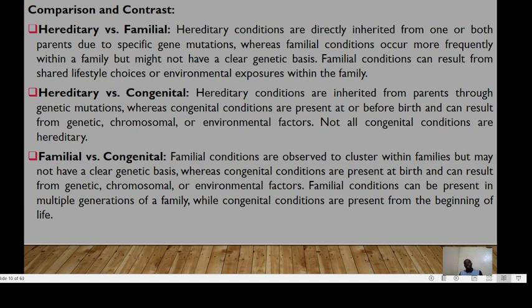Hereditary conditions are directly inherited from one or both parents due to specific gene mutations, while familial conditions occur more frequently within a family but might not have a clear genetic basis. Familial conditions can occur from shared lifestyle choices or environmental exposures within a family. Hereditary conditions are inherited from parents through genetic mutations, whereas congenital conditions are present at or before birth and can result from genetic, chromosomal, or environmental factors.